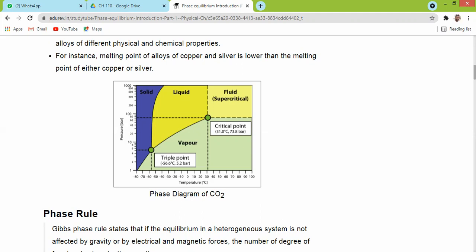So when you are reducing the pressure, look at what is happening. The temperature needed to convert a gas into a liquid is also reducing.